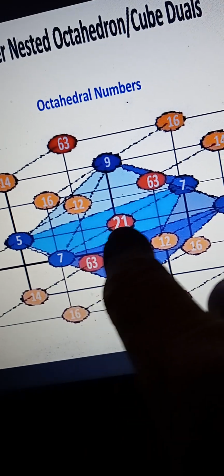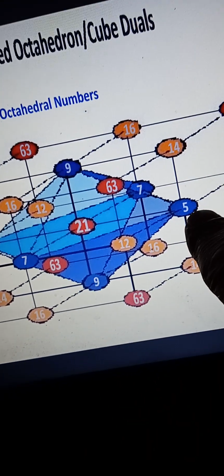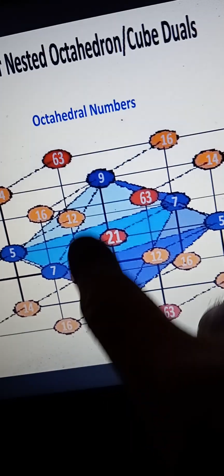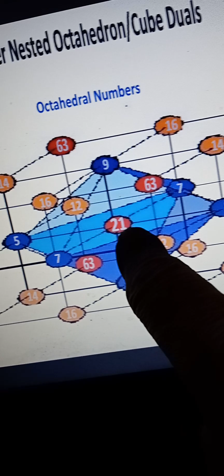9, 7, 5 is 21, plus 21, plus 5, 9, and 7 is 21. So you're using the whole octahedral numbers, including the central ghost number, to equal 63 on this side and 63 on this side.